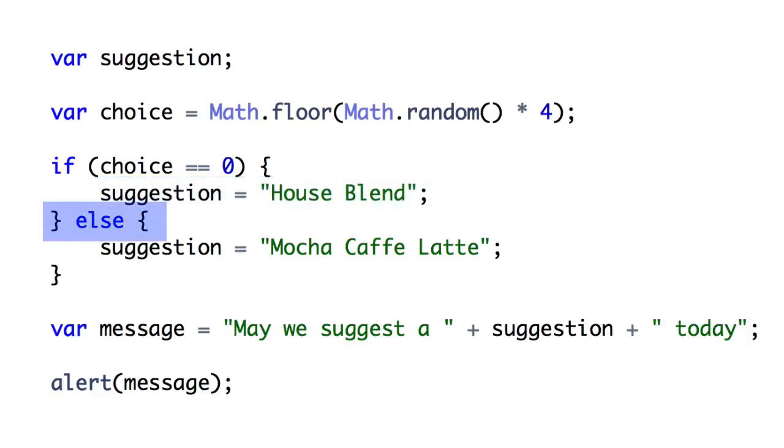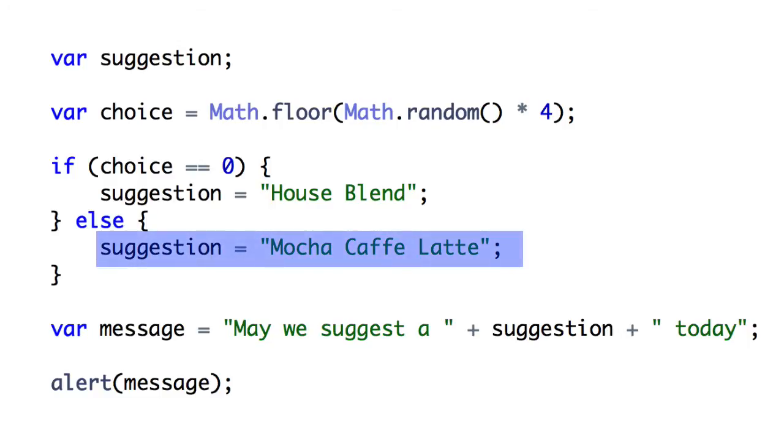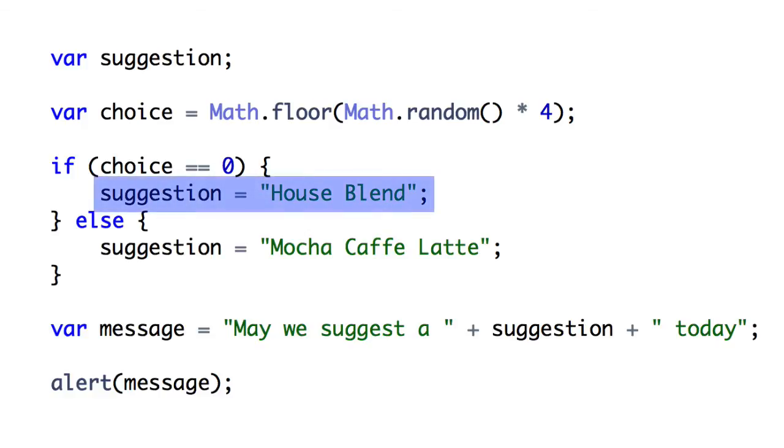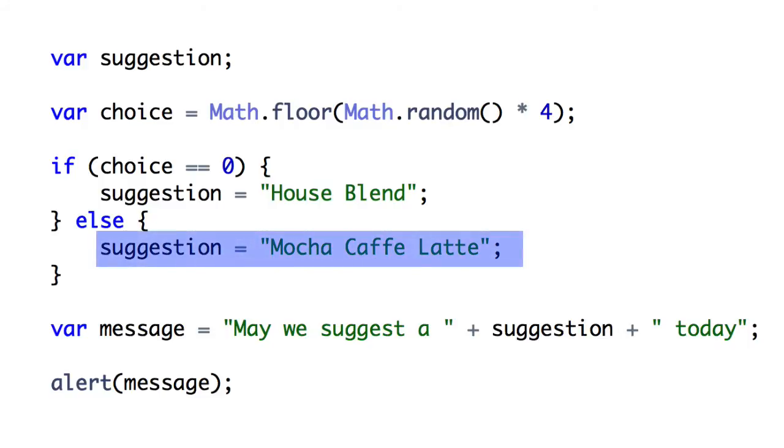Otherwise, using the else statement here, we're going to set that suggestion to mocha cafe latte. If you think through the logic of this, if choice can be the value 0, 1, 2, or 3, then about 25% of the time that we hit this page, suggestion should get set to house blend, and the other 3/4 of the time, it'll get set to mocha cafe latte.